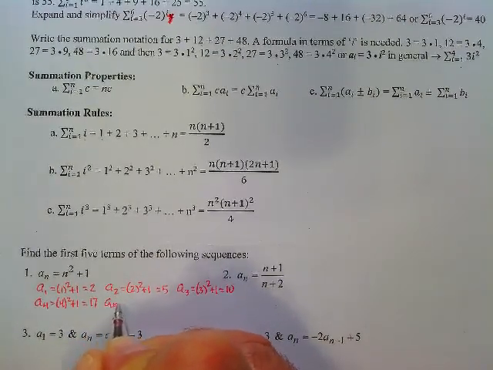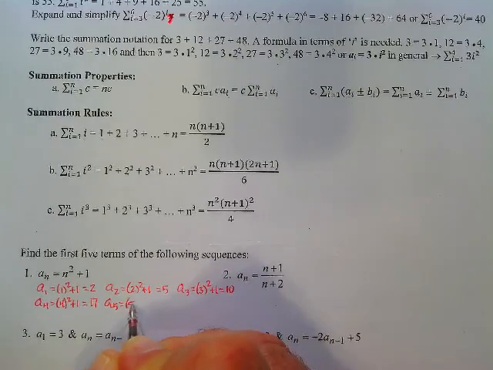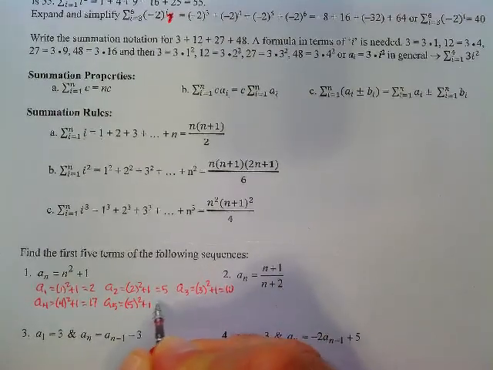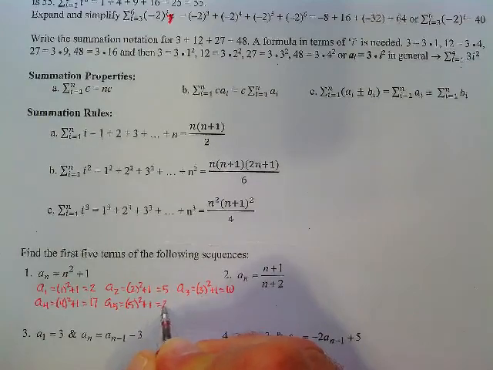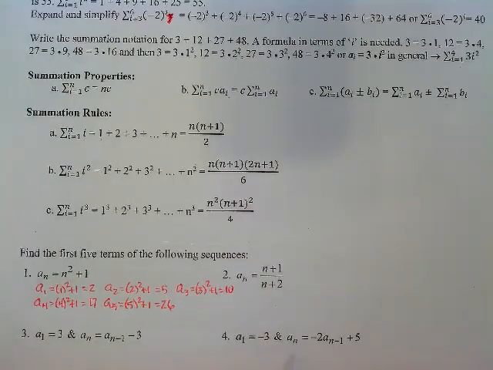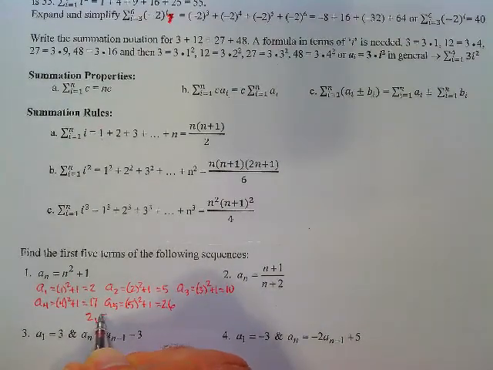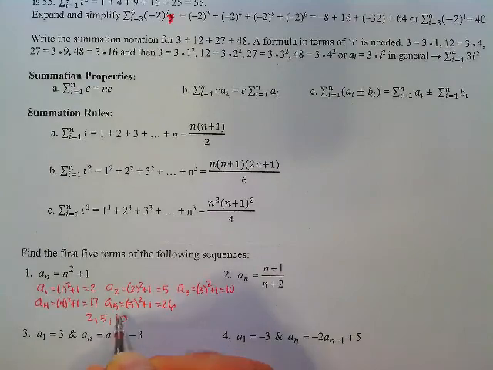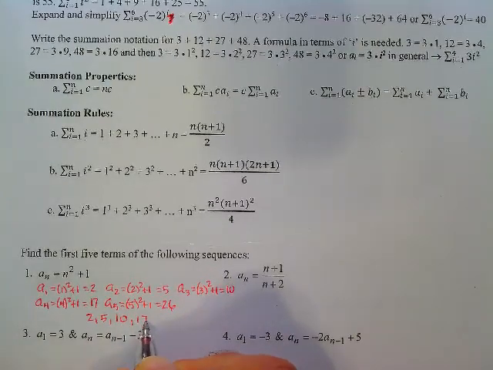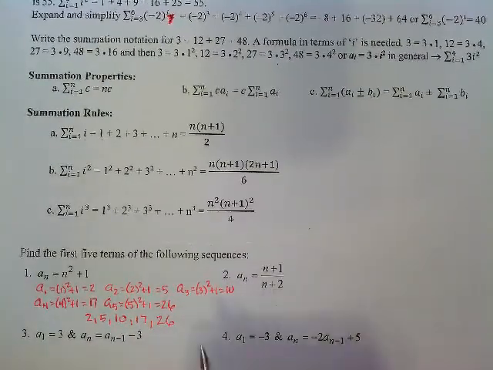And a5, 5 squared plus 1, which equals 26. So our sequence of the first 5 terms here would be 2, 5, 10, 17, and 26.